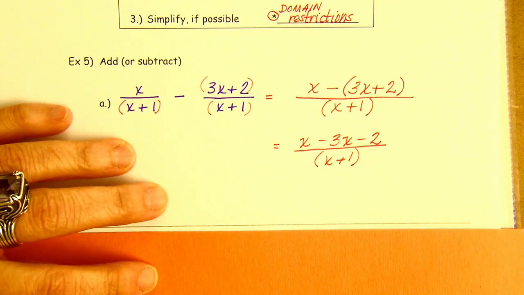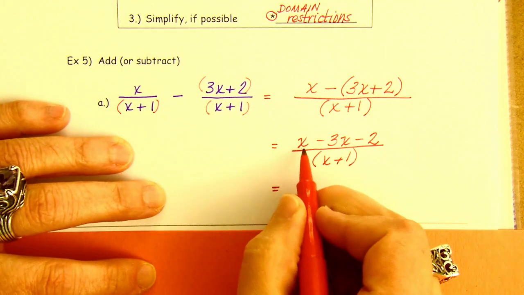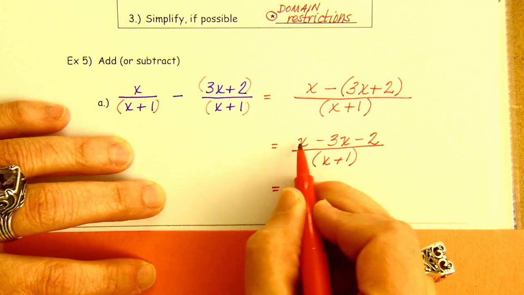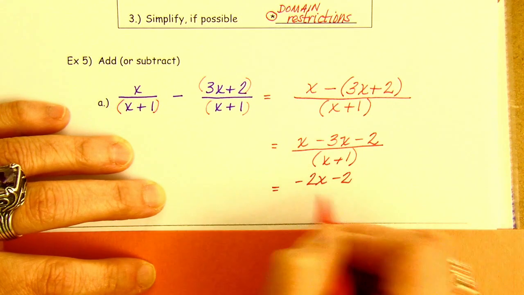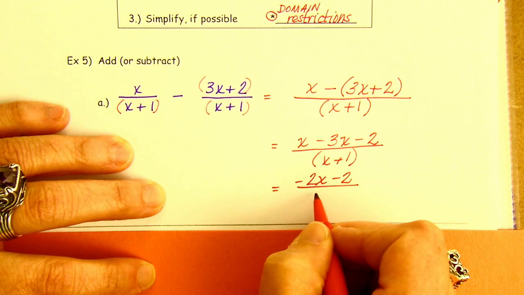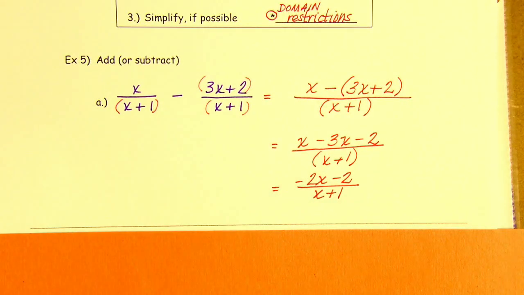We do have like terms to combine, so let's combine those like terms. We've got two linear terms here. x subtract 3x is negative 2x, subtract 2, all over x plus 1. Notice in the numerator, you do have a common factor with those two terms.